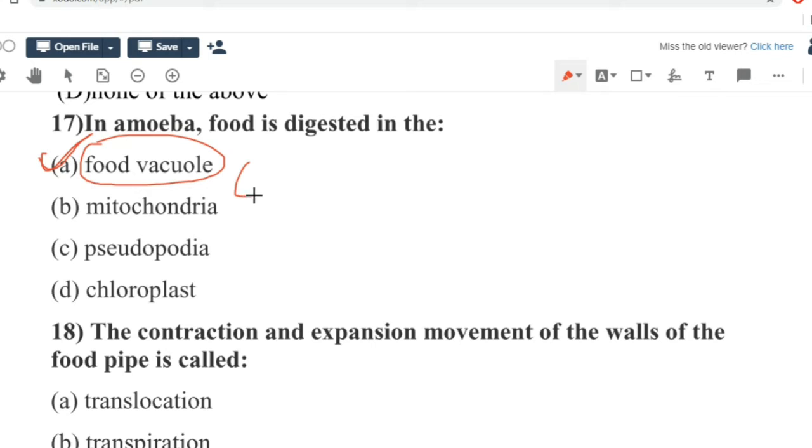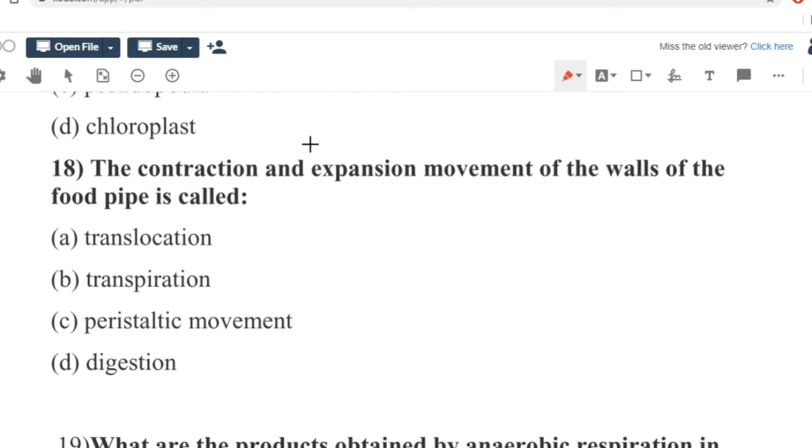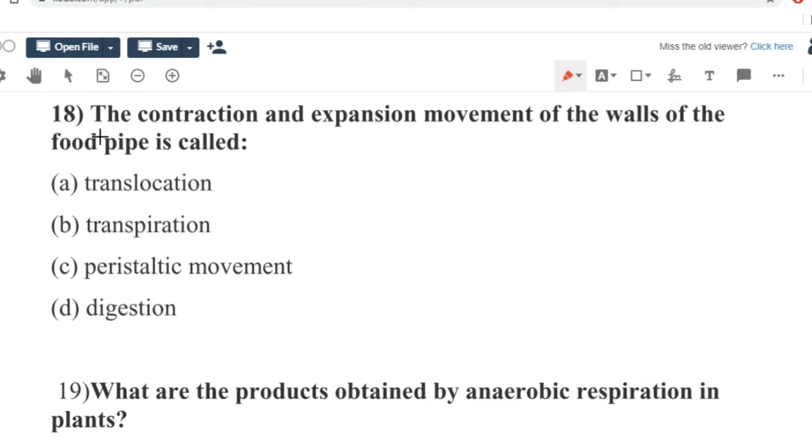We have also studied something called the contractile vacuole. So this is also called the contractile vacuole, which helps in the process of excretion. Okay, moving on to the next.